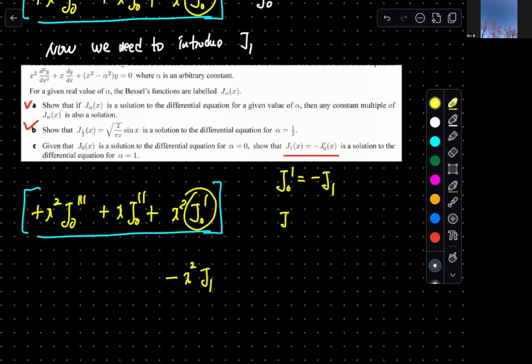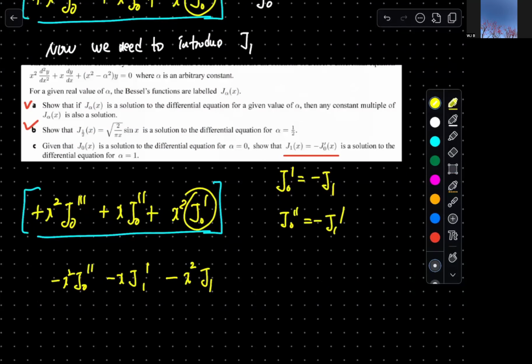J naught second derivative will be negative J1 first derivative, so I'm going to have a negative x J1 first derivative. Similarly, I'm going to do negative x squared J naught second derivative.